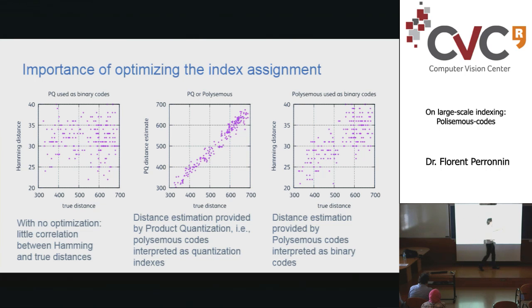And here you have the true distance versus the Hamming distance if you interpret the PQ code as binary, but once you have done the optimization procedure which we proposed. Of course the correlation is not as strong as in the case of the PQ codes. We don't pretend we are as good, but there is much more correlation than in the case where there is no optimization of the permutation.